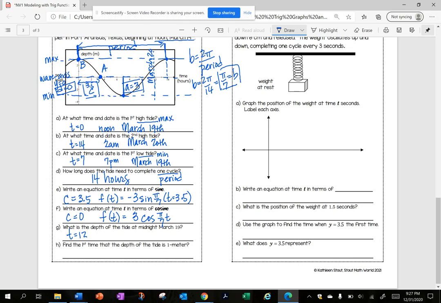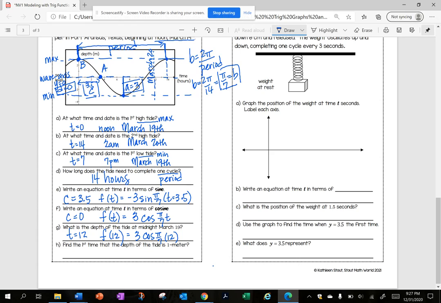I need to make sure I am in radians, so my mode is radians. So I'm going to put in f of 12 equals 3 times cosine of pi over 7 times 12.